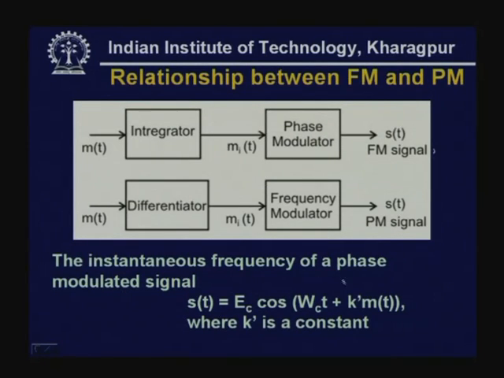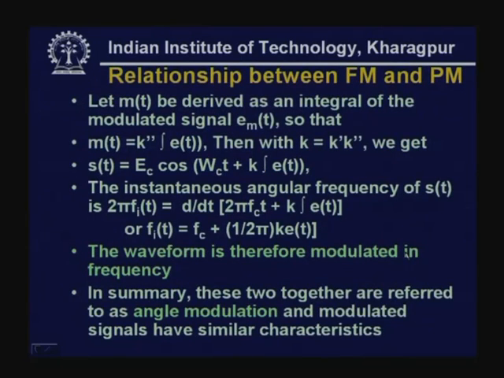Let the phase modulated signal be represented by s(t) is equal to E_c cos(ω_c t + k' m(t)). Here k' is a constant. Now, let us assume m(t) is derived as an integral of the modulating signal e(t).